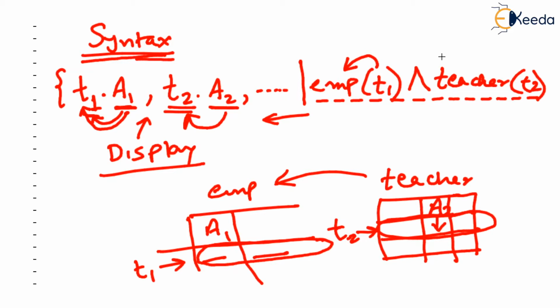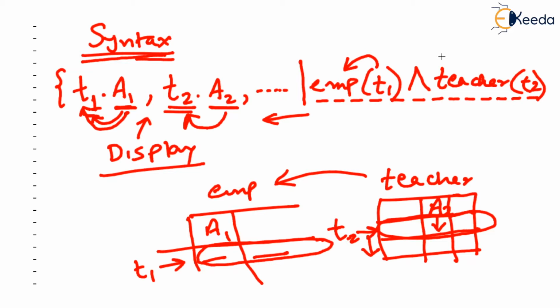So T2 will travel all the tuples of this teacher relation one by one. That becomes the basic syntax that we learned in the earlier video, but this is the general syntax of what you can display.